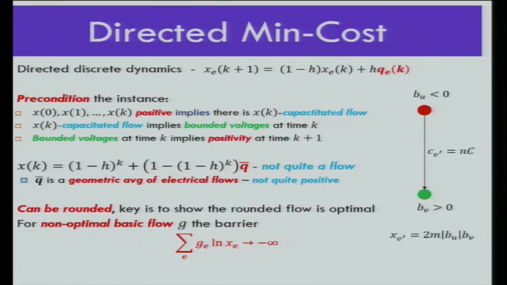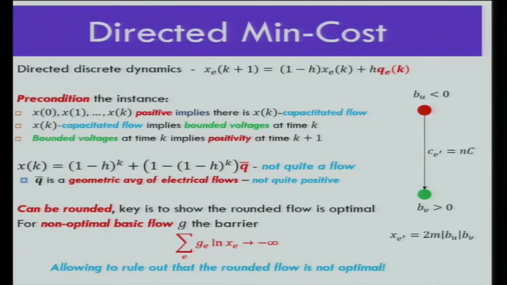And this can be shown to go to minus infinity as x is increasing. So what do I mean? If there is any xc for which g is positive, then xc goes to 0, because this is going to minus infinity. That tells you that you cannot be supported on these non-optimal basic flows.